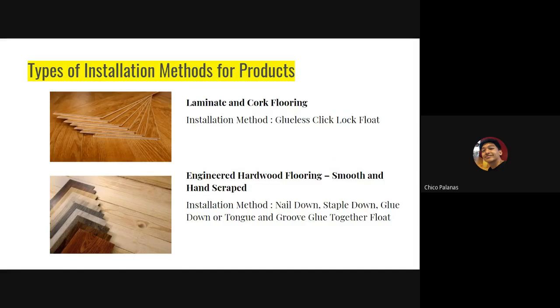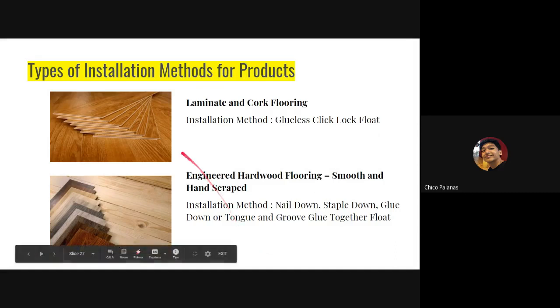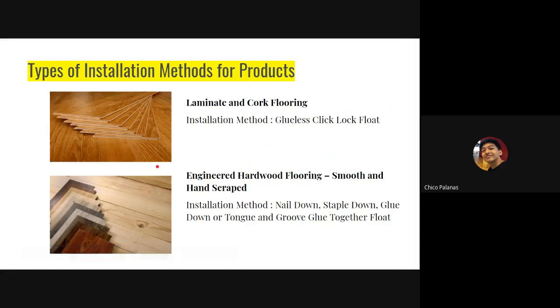For laminate and core flooring, the installation method used is glueless click-clack float, like what I explained previously. For engineered hardwood flooring, smooth or hand scraped, the installation method should be nailed down, stapled down, glued down, or tongue and glue together float. Hardwood can definitely cope with nail or staple down without the planks being damaged.